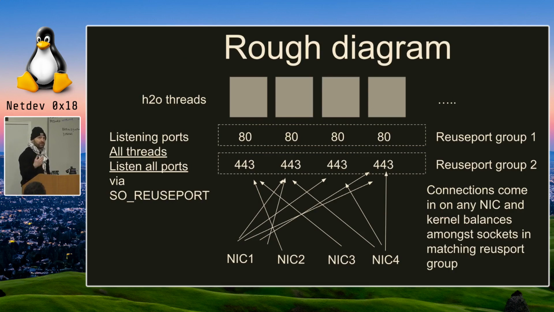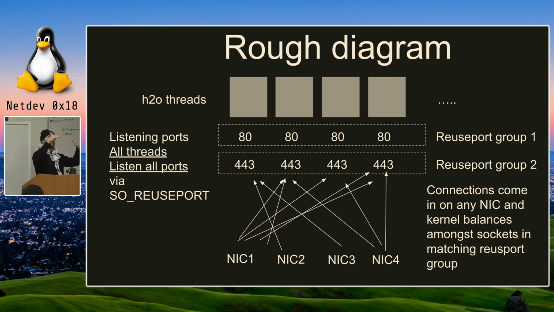A rough diagram of what the system looks like today when you run H2O: on the top, there are your H2O worker threads doing HTTP, and they're listening on ports 80 and 443. When they use SO_REUSEPORT, what you're doing in the kernel is creating reuse port groups that are separated via the port number.